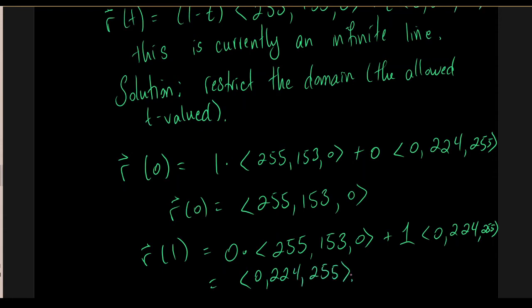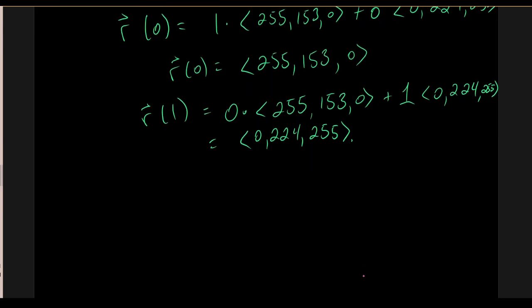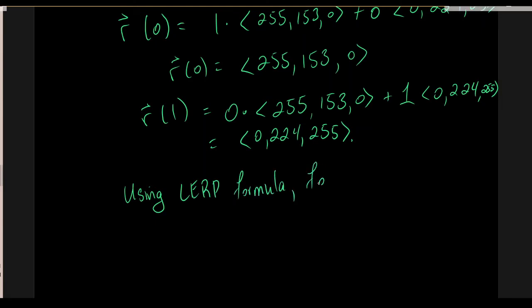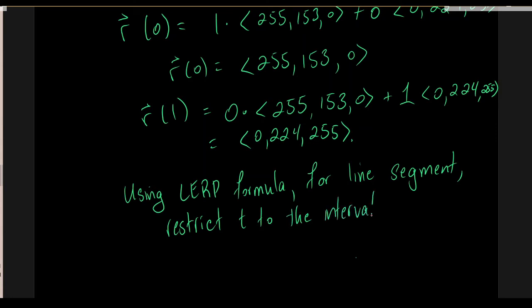So if you're using the LERP formula and you want only a line segment instead of a full infinite line, all you have to do is restrict the allowed values of the input to the interval where t goes from 0 to 1.